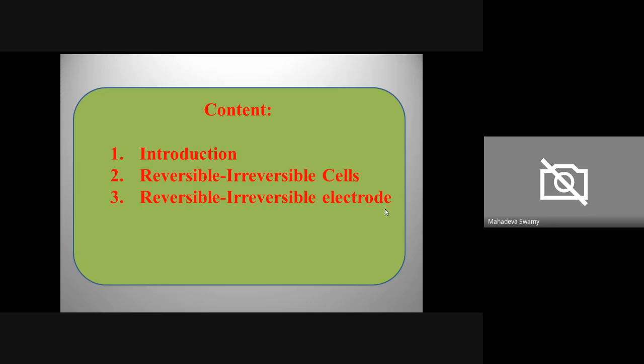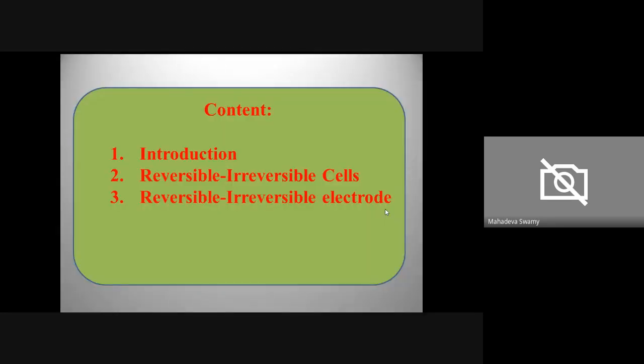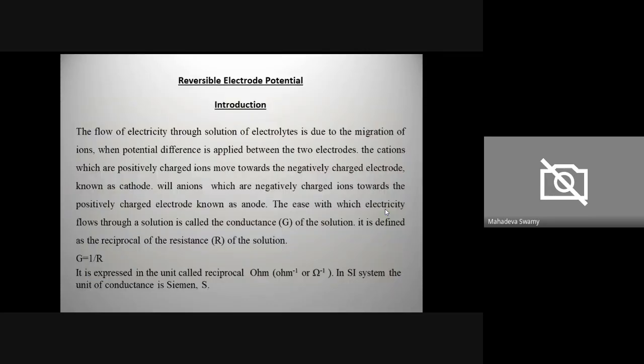With the help of the introduction, we discuss the reversible and irreversible cells. Then, based on the reversible and irreversible cells, we are going to discuss the electrodes of these reversible and irreversible cells.